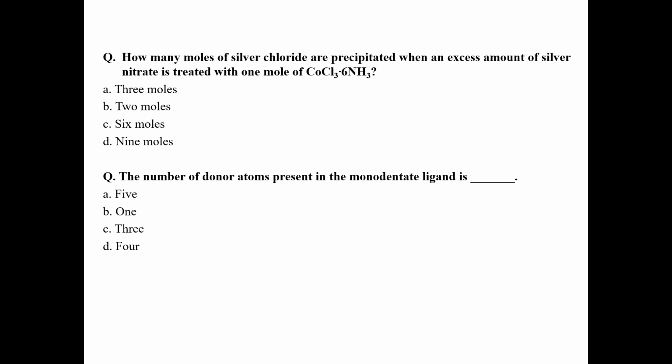First question is related to Werner theory. There are some primary and secondary valencies. Primary valencies are basically ionizable and they can easily form precipitates. In the first question, it was asked how many moles of silver chloride are precipitated when excess silver nitrate is treated with 1 mole of this.